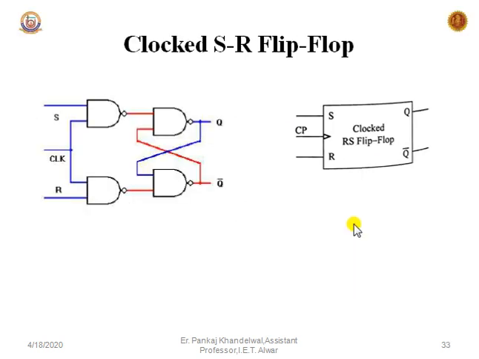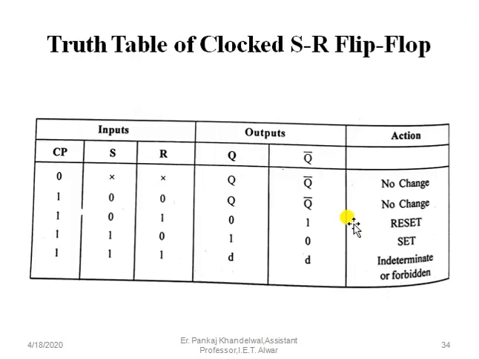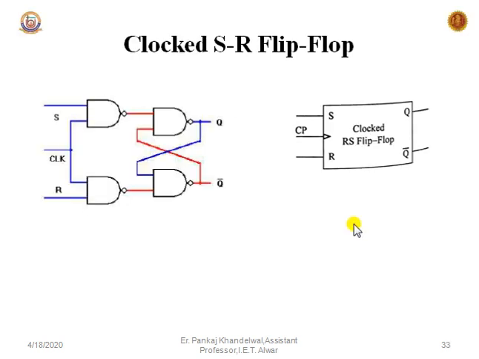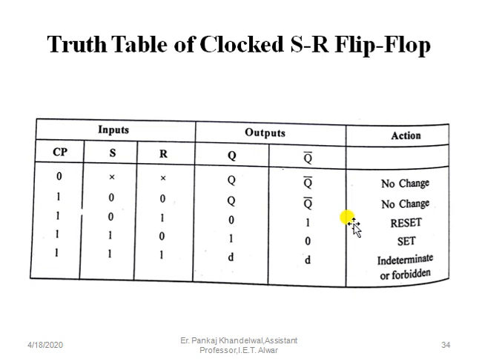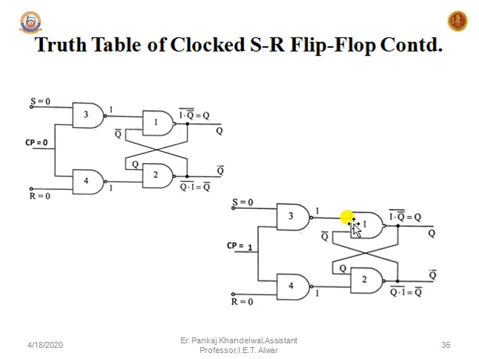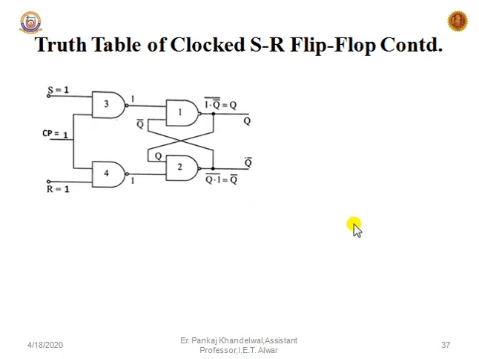We can also make the table as we previously made the table in case of the SR latch. These are different cases as we calculated. By using this we can make the truth table.